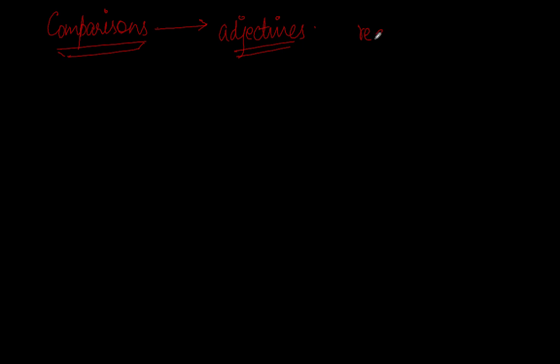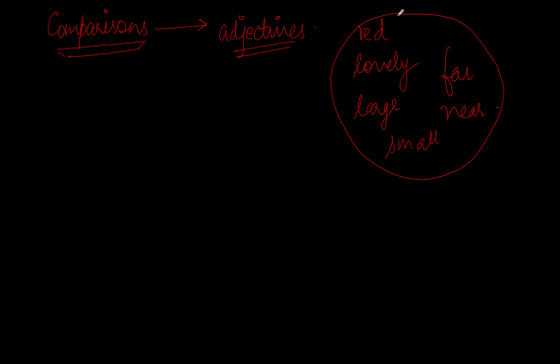For example, a color or a quality, or even any kind of description. For example, large, small, far, near. Whenever we use comparisons, there are three kinds of comparisons in adjectives, and we are going to discuss all of them one by one.